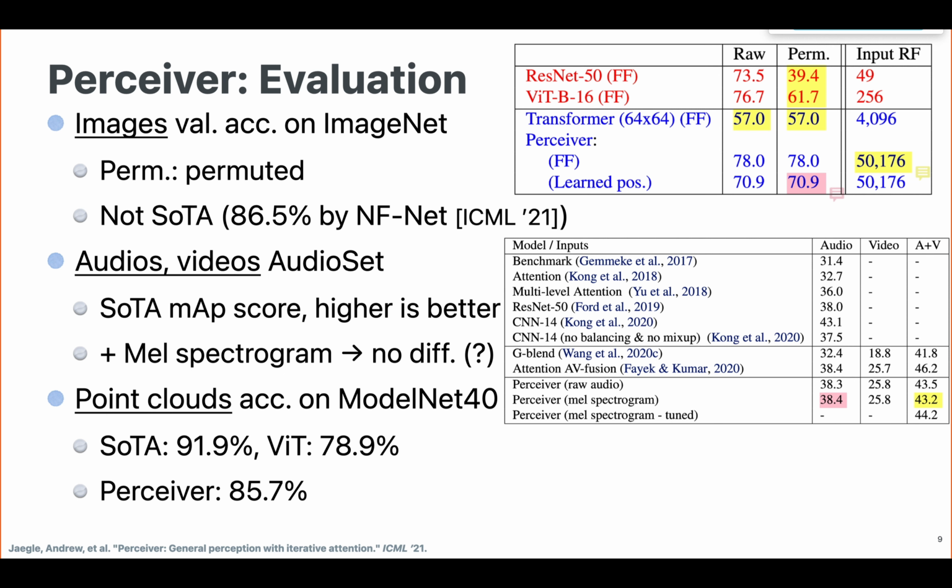But if we input the image in a permuted way, meaning that we reorganize the pixels within an image, you will see gibberish. You don't see a cat or dog because all the pixels have been rearranged. But for the Perceiver, because we don't impose any structural assumptions, we don't use convolution to sample the image, we only use the Fourier features as position encoding. If we switch to the permuted ImageNet, the performance doesn't drop.